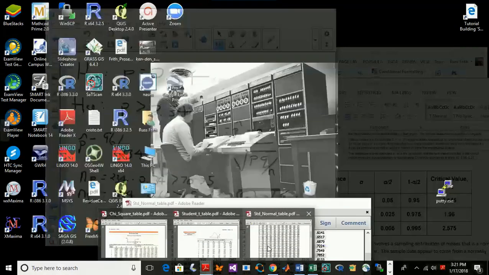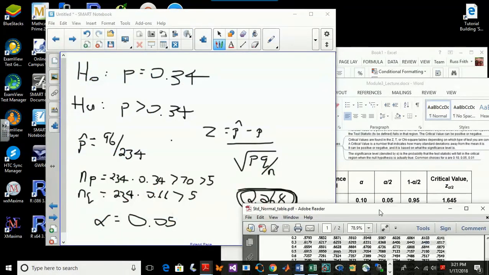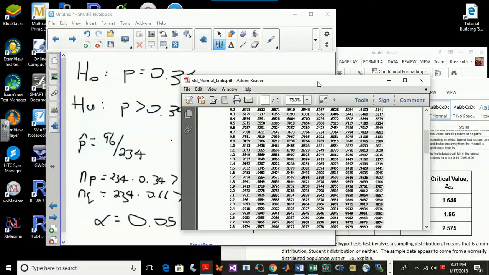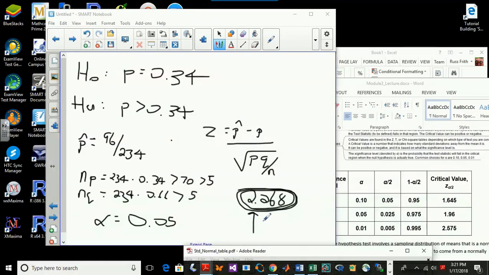We go to the standard normal table and look up 2.268. So roughly 0.9881. So the p-value is 0.9881. Okay, so that's your p-value.